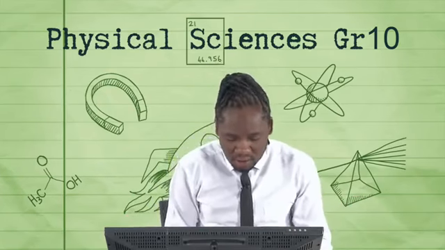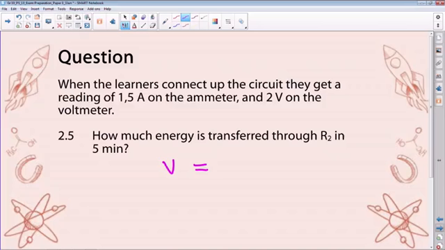So we know that V is equal to work done, or energy transferred per coulomb of charge. But at the same time, we know that I is equal to Q over delta T, right?